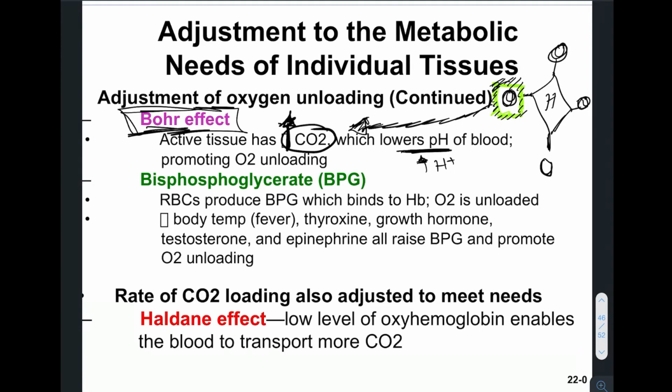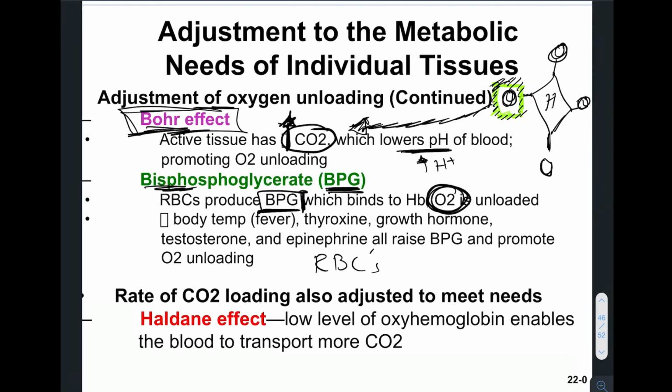The other thing that RBCs do is that when there is a lot of need, when the body is undergoing a lot of metabolism, the RBCs will themselves generate a molecule known as biphosphoglycerate, or BPG. And this BPG is a trigger to unload the oxygen.